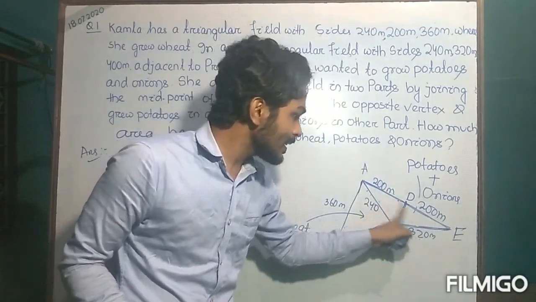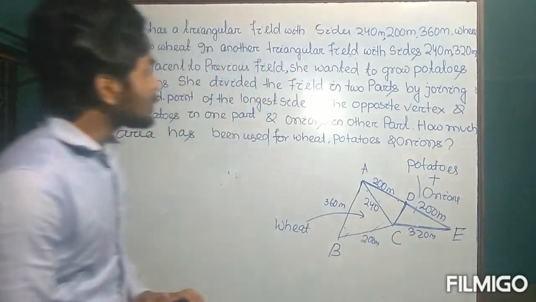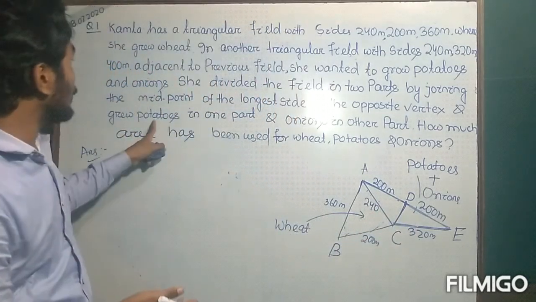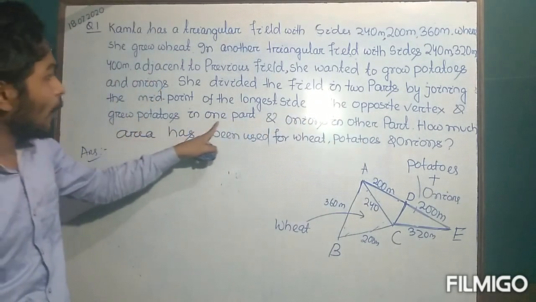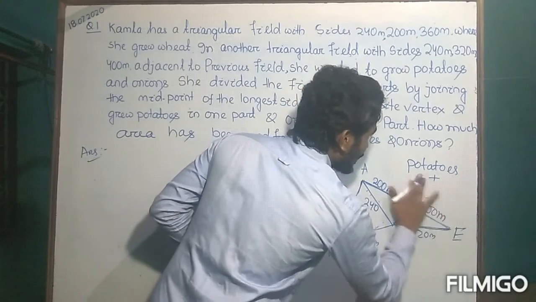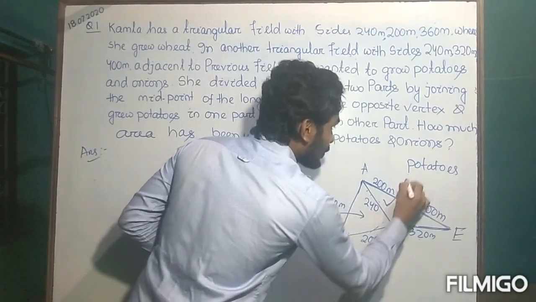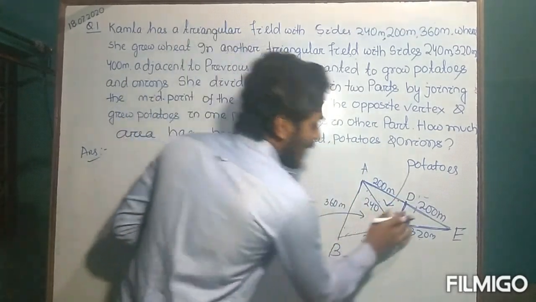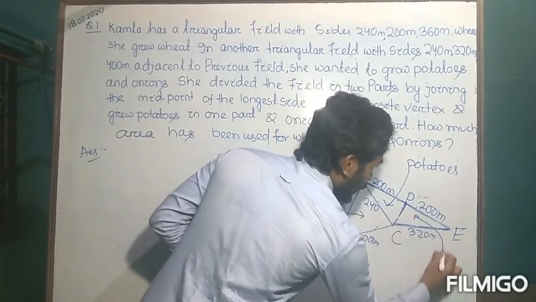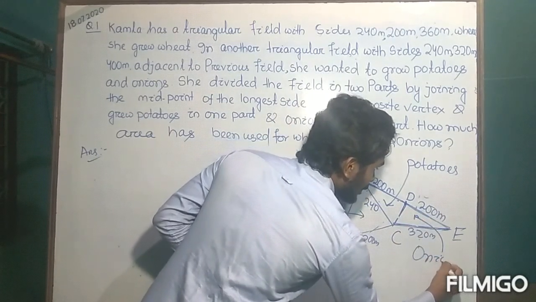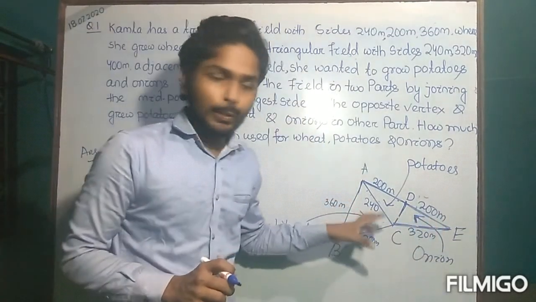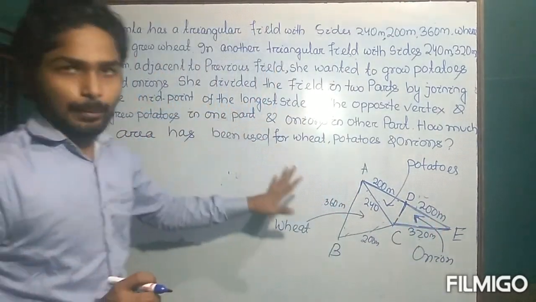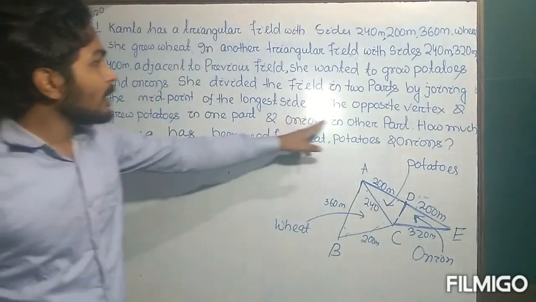You can see. Okay, clear? In one part she grew potatoes and in the other part onions. The diagram is important here, so you have to first understand the diagram.